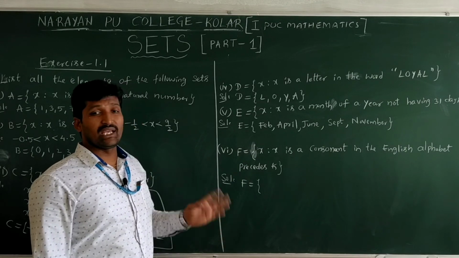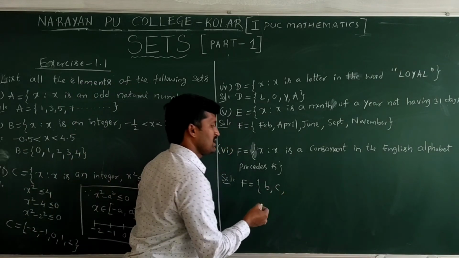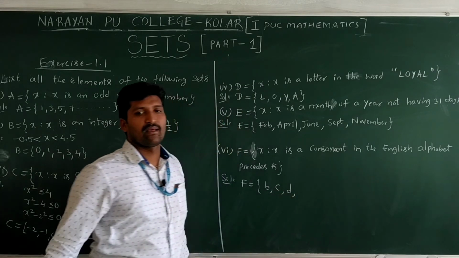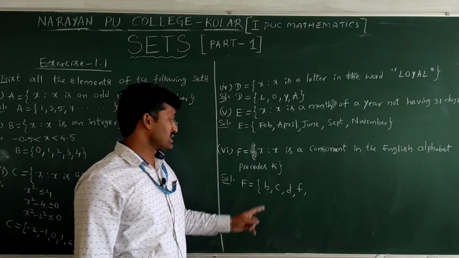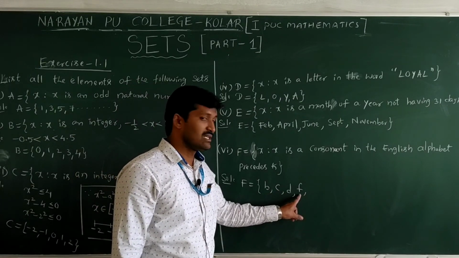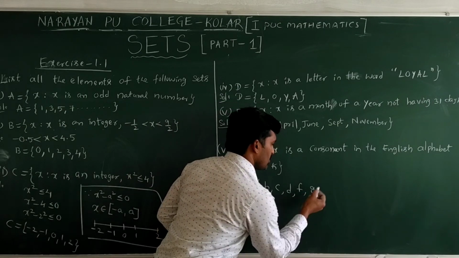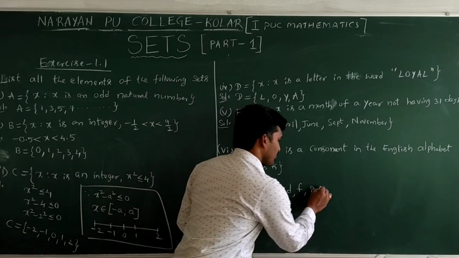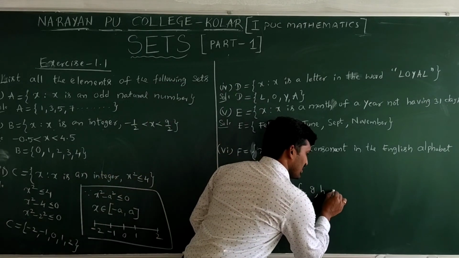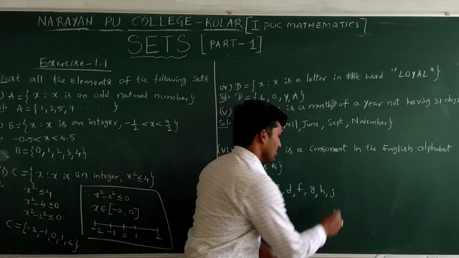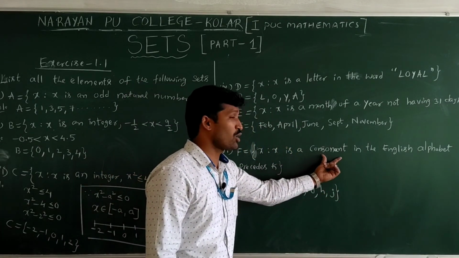Vowels are A, E, I, O, U. Preceding means A, B, C, D, E, F, B, C, D, E not possible, F, G. G is also not a vowel, it is a consonant only. Next H, I is not a consonant, it is a vowel. Last one what? G. That's all. These are the letters that precede K and those letters are consonants.